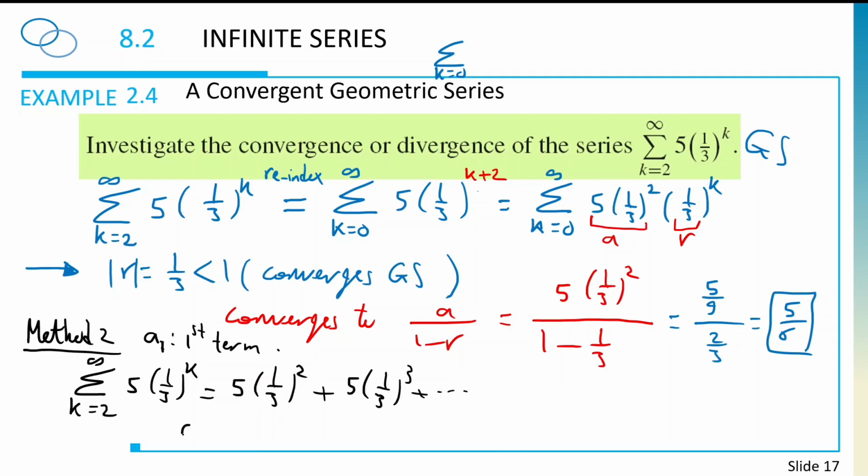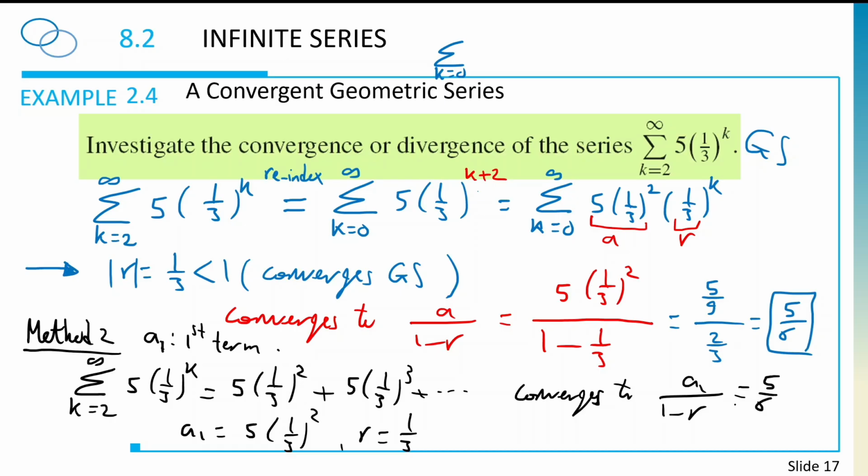So what's A1, the first term in this case? It's 5 times 1 over 3 squared. What's R in this case? Clearly, it's 1 over 3. So this converges to A1 over 1 minus R, and it's the same value as here, 5 over 6.